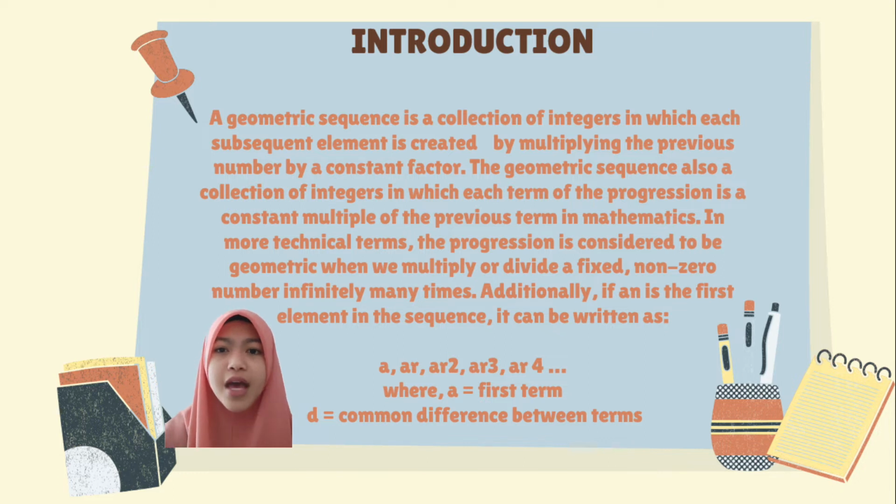In more technical terms, the progression is considered geometric when we multiply or divide by a fixed non-zero number repeatedly. For example, 3, 9, 27, and 81.